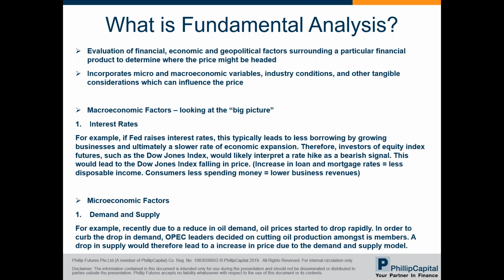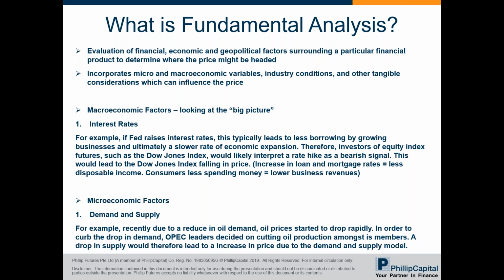So for example, let's say you are trading the Dow Jones index, whether it's the futures or CFD, and the Fed today says that they want to increase interest rates. So the Fed raises interest rates. This typically leads to less borrowing by growing businesses and ultimately a slower rate of economic expansion.